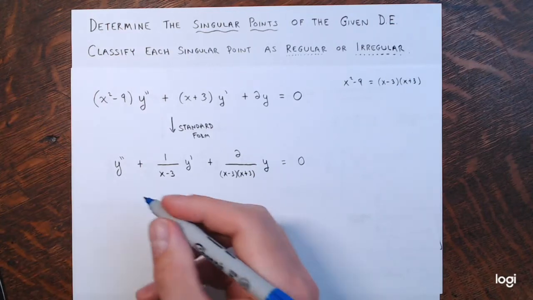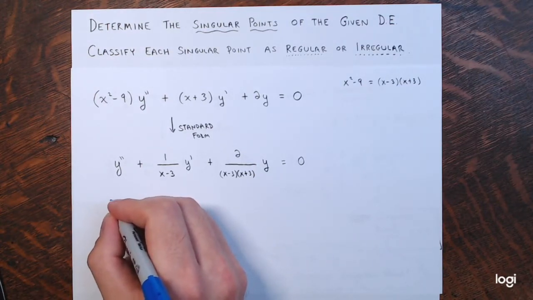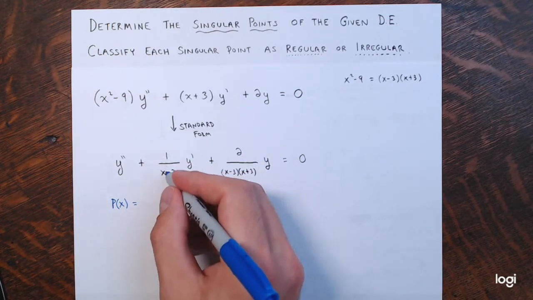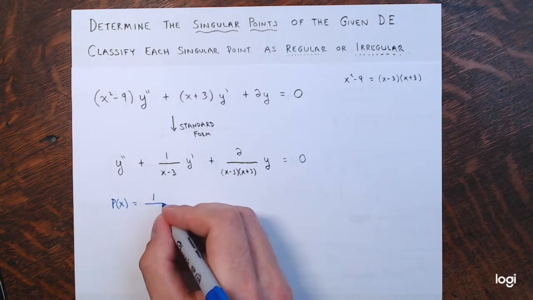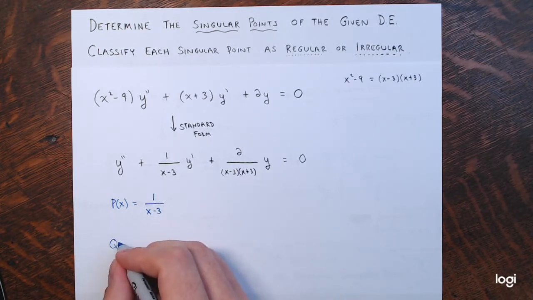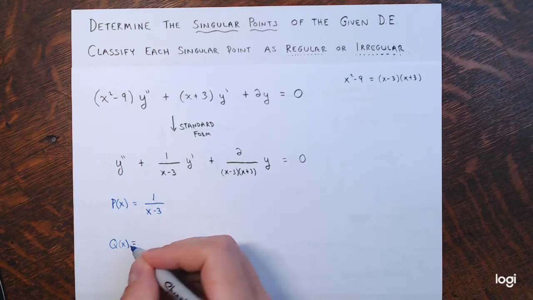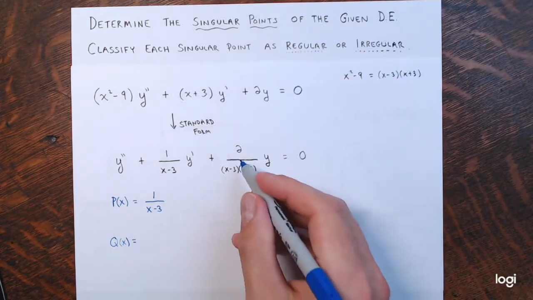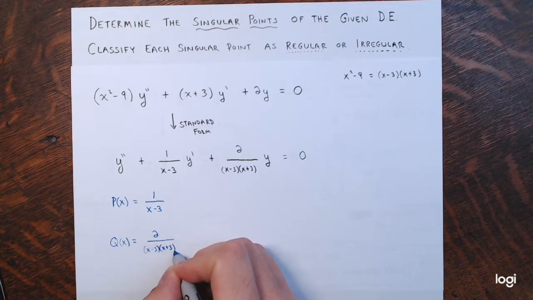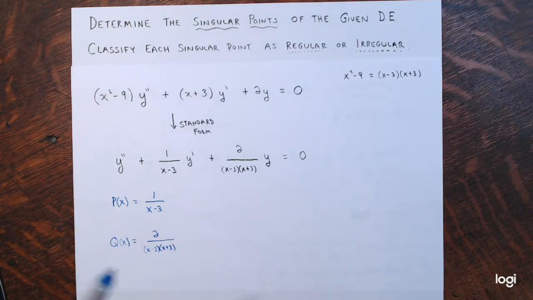That capital P of x is the coefficient of y prime here, 1 over x minus 3. That capital Q of x is this coefficient here, 2 over x minus 3 times x plus 3. And again, I'm only dealing with rational functions, and rational functions are analytic everywhere except wherever they're undefined.